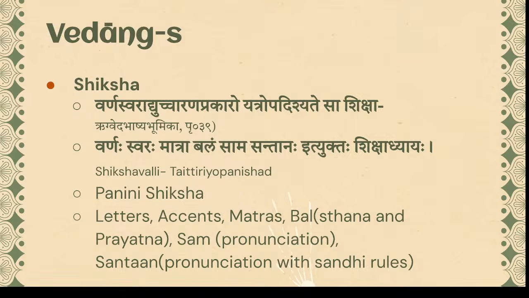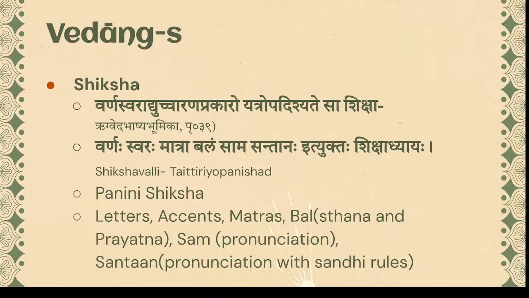Similarly, in the Pāṇinīya Śikṣā, there is a Śikṣādhyāya which says what the components of Śikṣā are. It says Varṇa, Svaraḥ, Mātrā, Balam, Sāma, Santāna. What is Varṇa? Varṇa is just like letters. It consists of vowels and consonants.